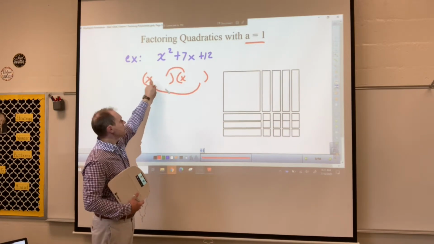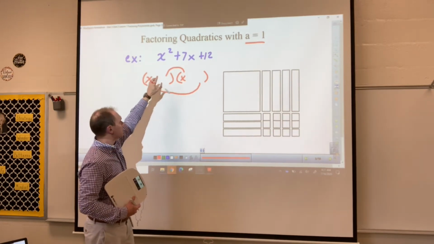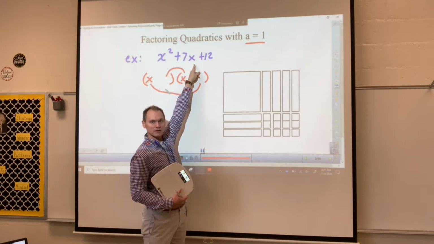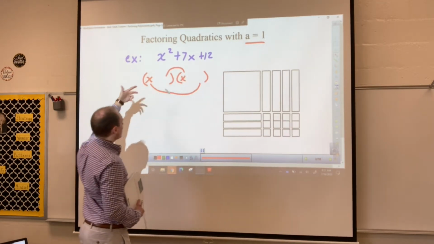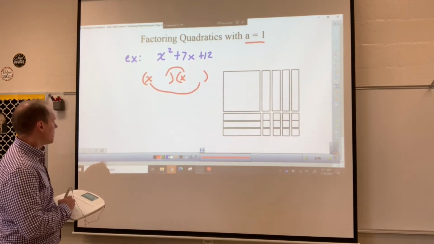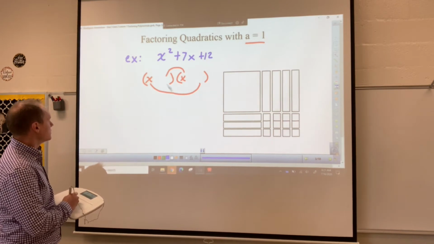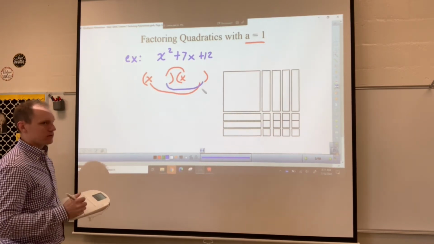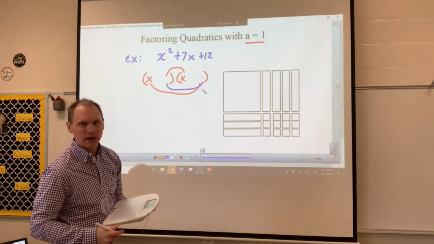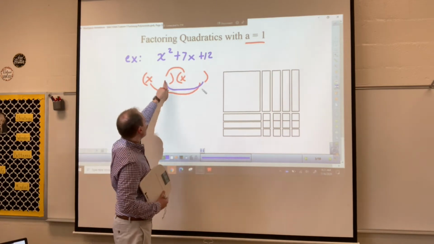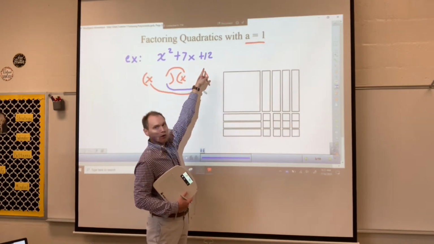We're going to have 2 multiples of x here that you're going to need to add to give us the 7x. But then also, the last thing we're going to do is multiply these 2 together. If you think about the FOIL, that would be the L, meaning last. These 2 multiplied together need to give us the 12.